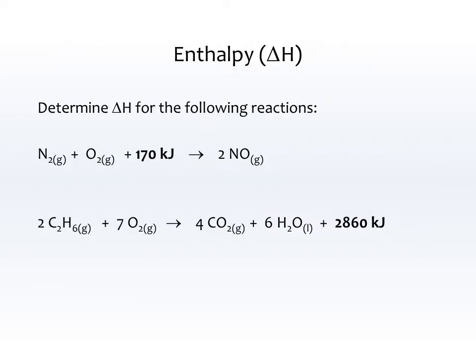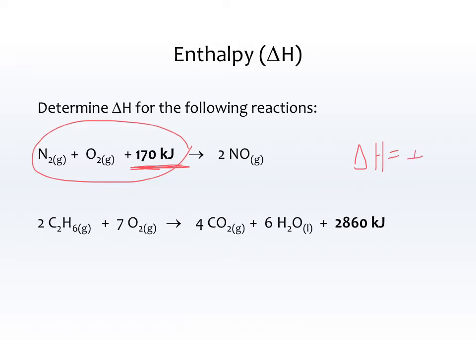So looking at these two reactions in our next examples, we're going to figure out what delta H actually is. So delta H simply is the heat in the reaction, but what I'm looking for specifically here was that 170 kilojoules of heat gained or lost, added or subtracted. So delta H is going to be equal to, notice that the 170 is a reactant, so the nitrogen and oxygen have to take in 170.